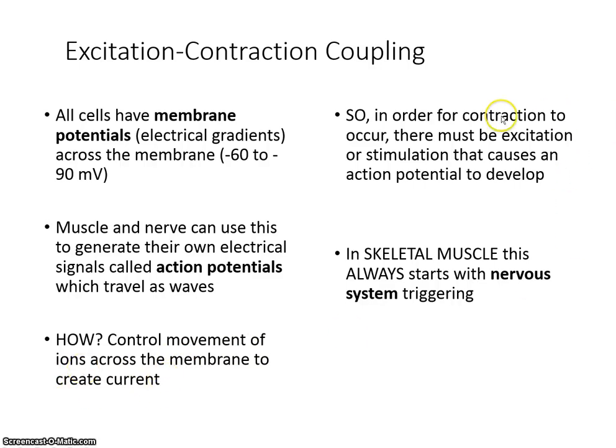So in order for contraction, which we defined as actin and myosin binding, and possibly the myosin moving along the actin, to occur, there must be excitation or stimulation. So we must get ions to flow and generate an action potential.